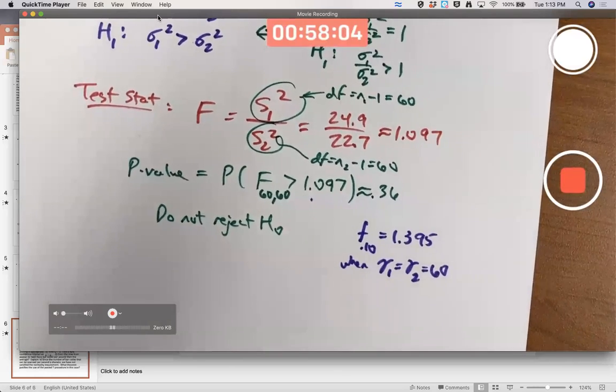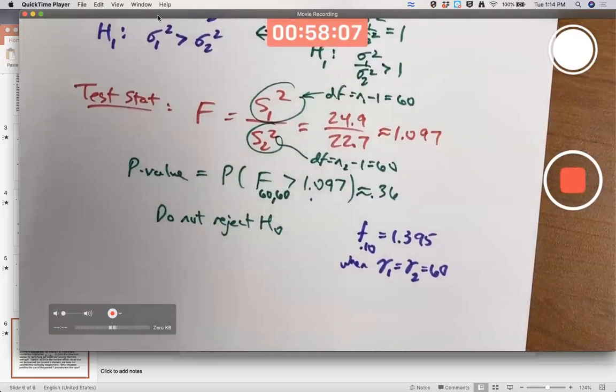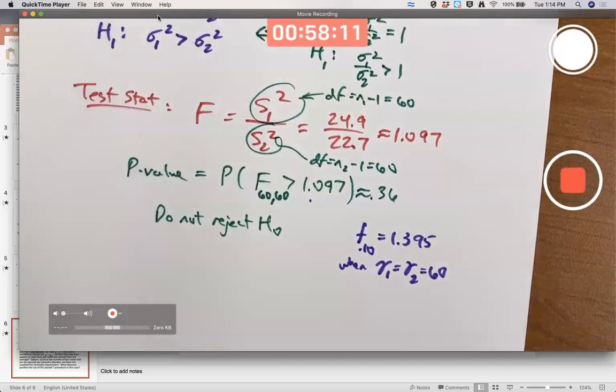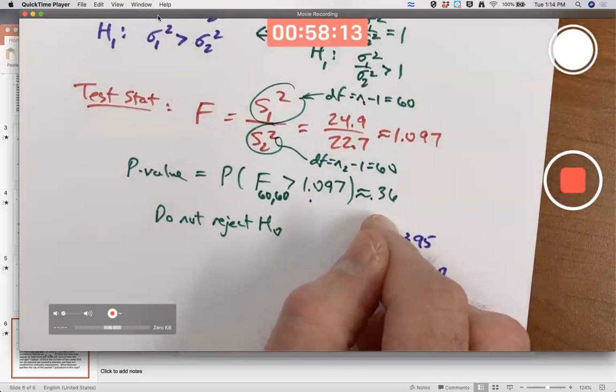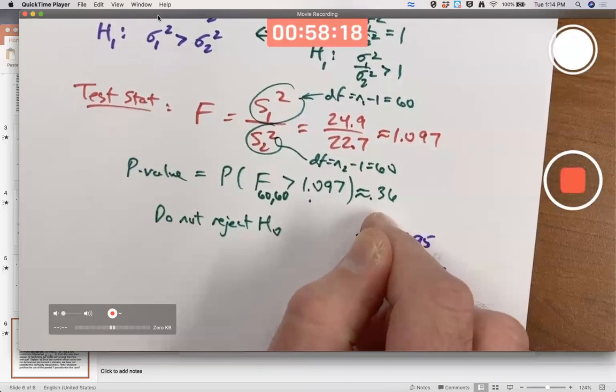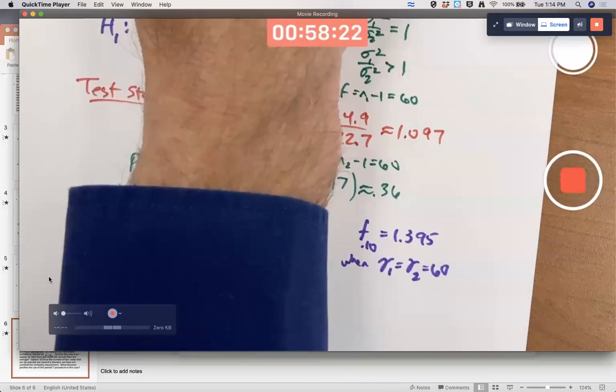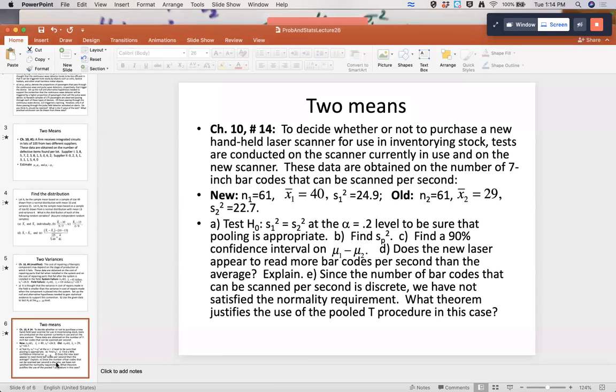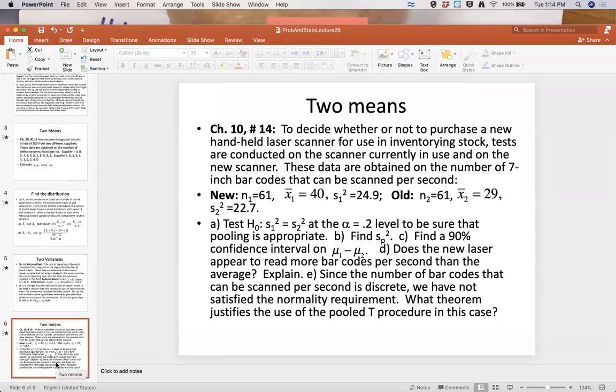It's actually not, it's skewed. So you might wonder whether doubling the one-tailed p-value is good enough for a two-tailed test here. But it really doesn't matter much because the one-tailed p-value is bigger than 0.2. The two-tailed one, when you double this, is definitely going to be bigger than 0.2. 0.72, say. We're definitely not going to reject the null here, just like the previous problem. But that's actually a good thing, like I hinted at before, because that actually means pooling is appropriate.